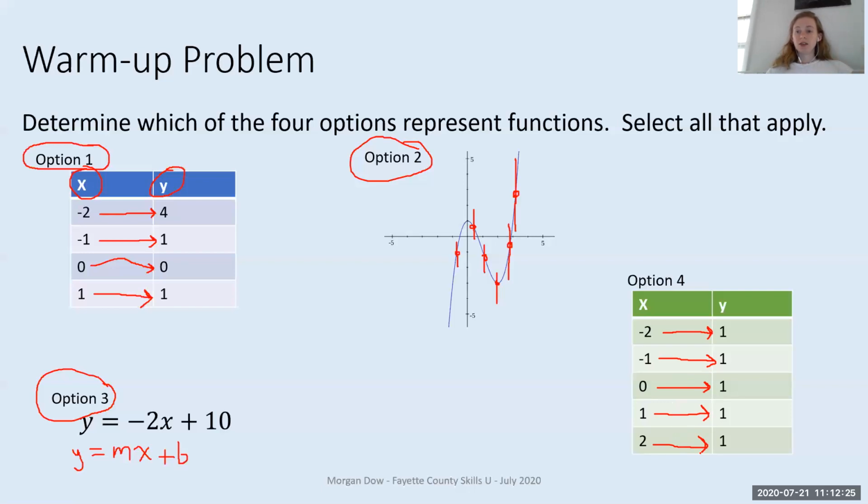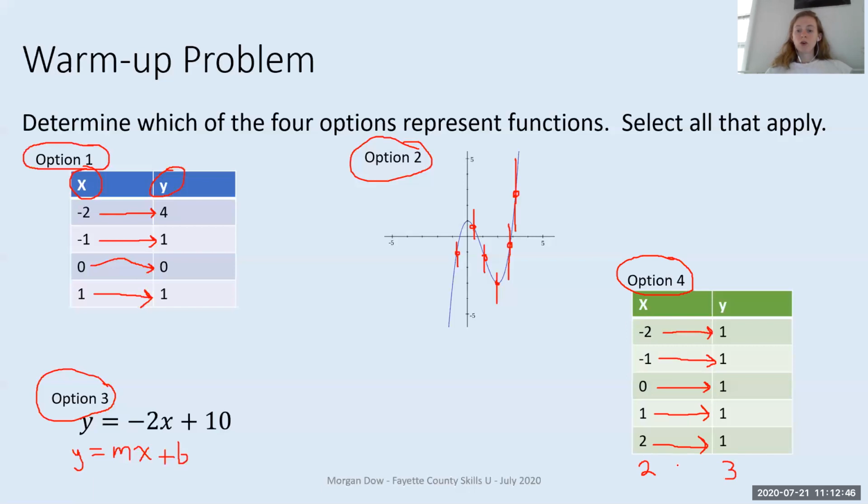So this does in fact meet the definition for a function. Each input has exactly one output. Now I could change this. Let's say I added another row to this table, and let's say I said 2 for input and 3 for output.